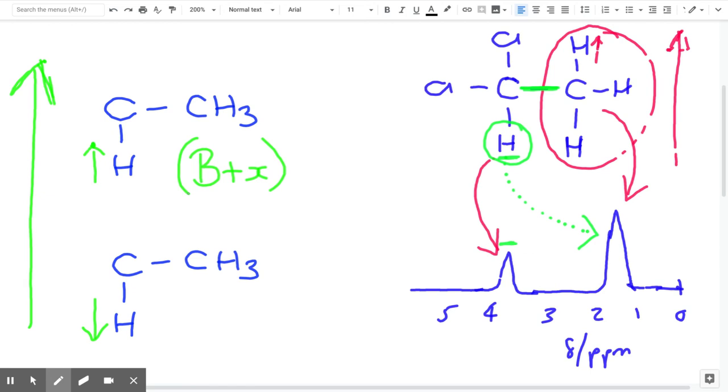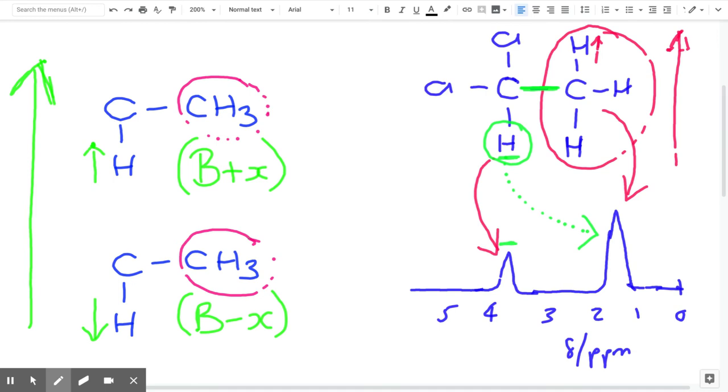Then it's possible that the machine is now going to be measuring two slightly different magnetic fields when it looks at the peak of CH3. Remember, this is the peak of the CH3, but it is now going to be made more complicated by the presence of this adjacent proton.